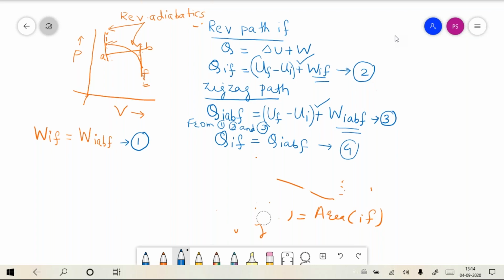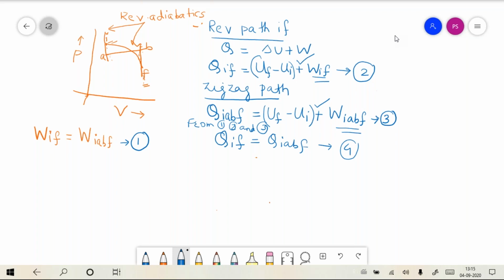If you consider the process I to F and compare it with the zigzag process IABF, then in the manner we have considered, the work transfer and heat transfer are the same.